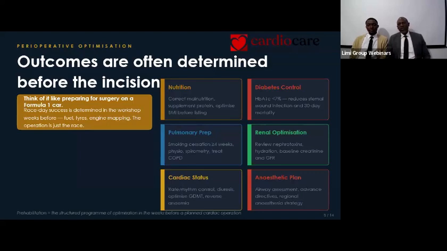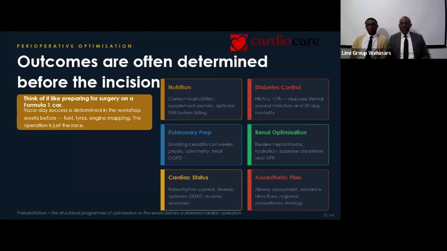Now, do you smoke? If you're a smoker, it's ideal for you to stop smoking before surgery. If you have other respiratory problems, you need to make sure that your respiratory system is ideal. Because, of course, you're going to be on the bypass machine, you're going to be on the ventilator, and you have a very high risk of respiratory tract infection and also respiratory failure if you do not optimize it properly.